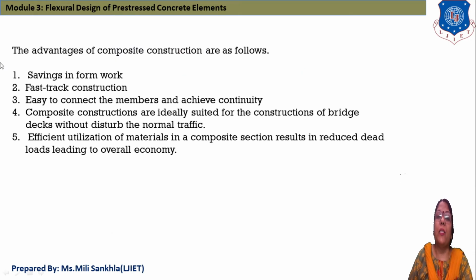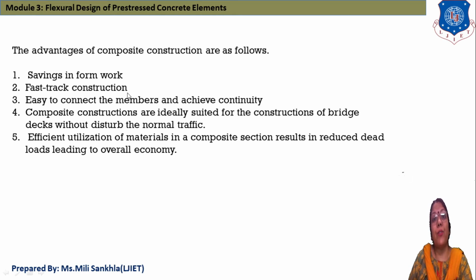Now why do we use this composite section, and what are its advantages? One by one we discuss. First is saving the formwork; due to this composite section, the formwork cost is reduced.